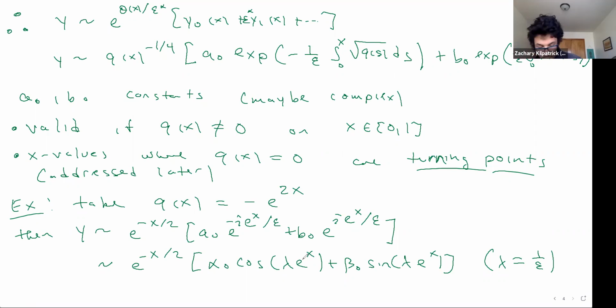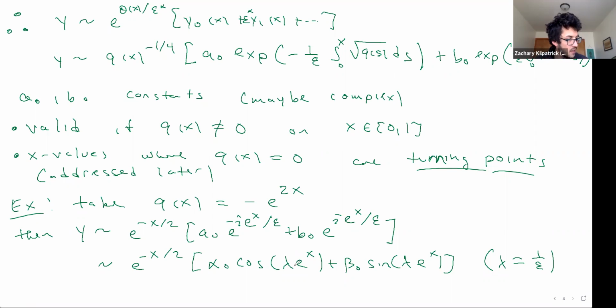Commonly in these WKB problems, you have really large eigenvalues for some representation of the problem. In this case, this isn't exactly an eigenvalue, but it serves as a frequency of these oscillatory functions that appear in your solution.